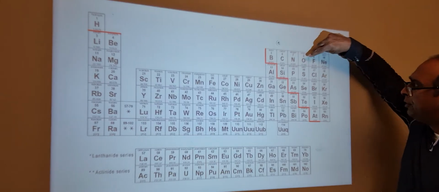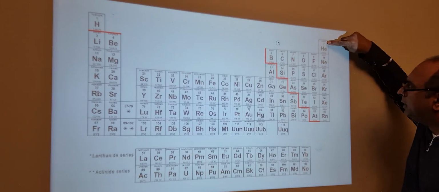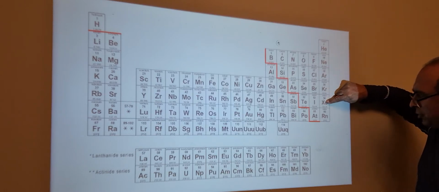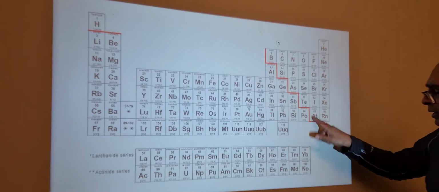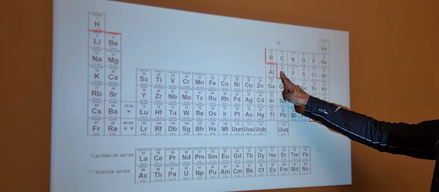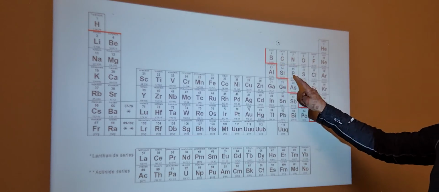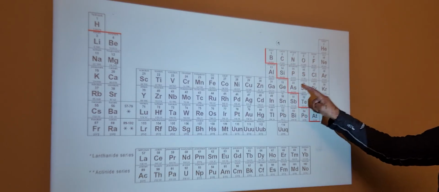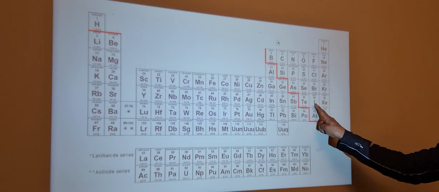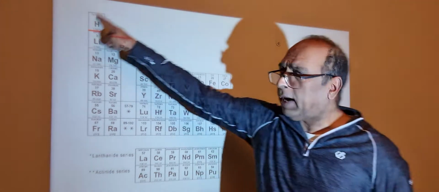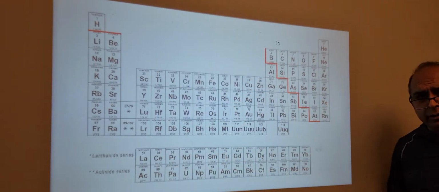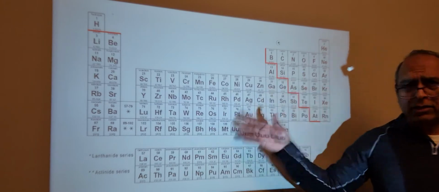Nitrogen, oxygen, fluorine, helium, neon, argon, krypton, xenon, radon, astatine, tellurium, arsenic, silicon. Have I been through those? Phosphorus, sulfur, chlorine, bromine, selenium, iodine, and hydrogen. All of those are not metals, and you've got to know which elements are metals and non-metals.